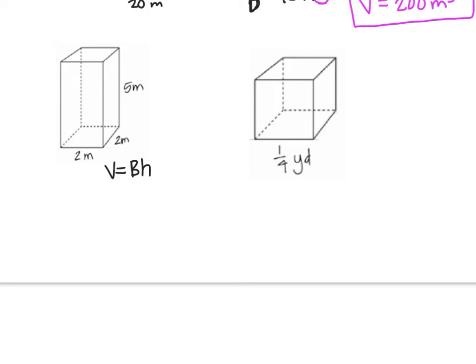Okay, so for this, we know that is our lowercase base times height of the base. So it would be these two numbers. So the way I can do that, instead of having to do two problems, is I can put in parentheses 2 times 2. For this is my lowercase base, and this is the height of that base.